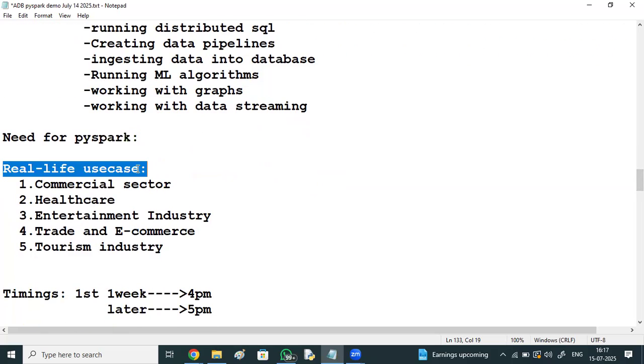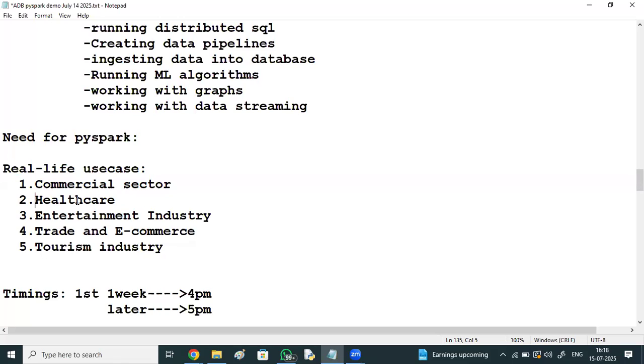A real life usage. It is used in the commercial sector, like real-time processing in banks and other financial fields. They are using Apache Spark to retrieve customer social media profiles and analyze them to gain useful insights, which can help in taking the right decisions.